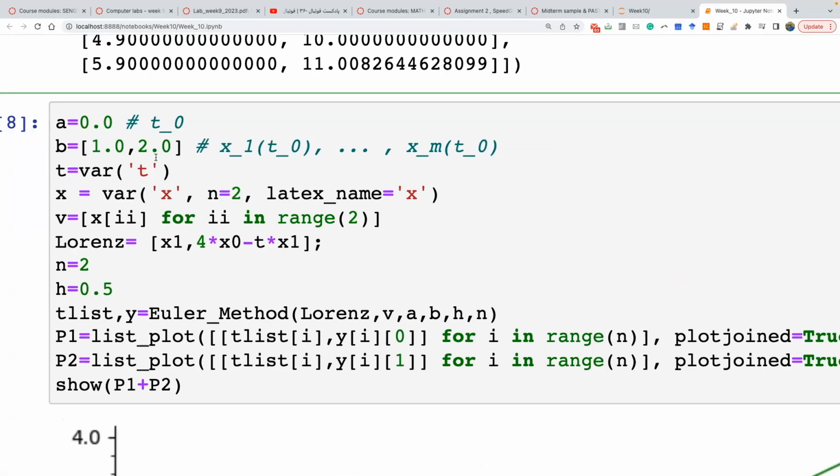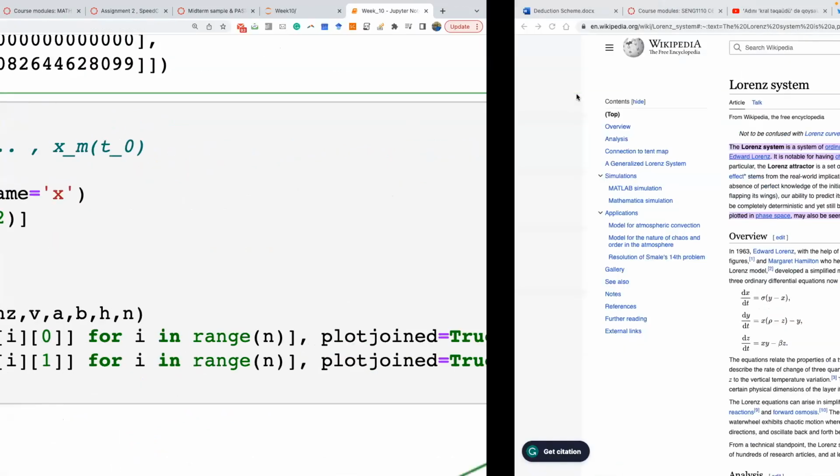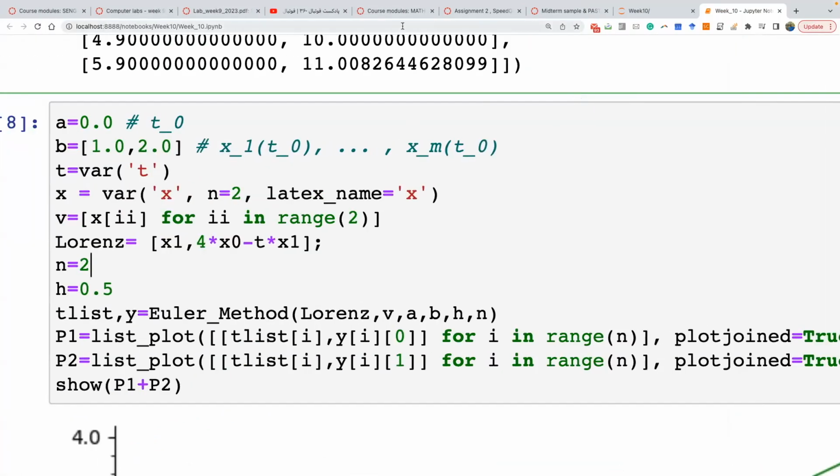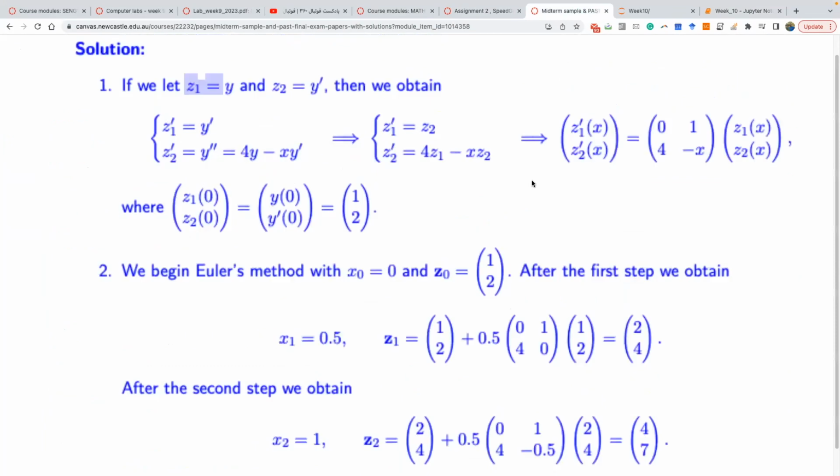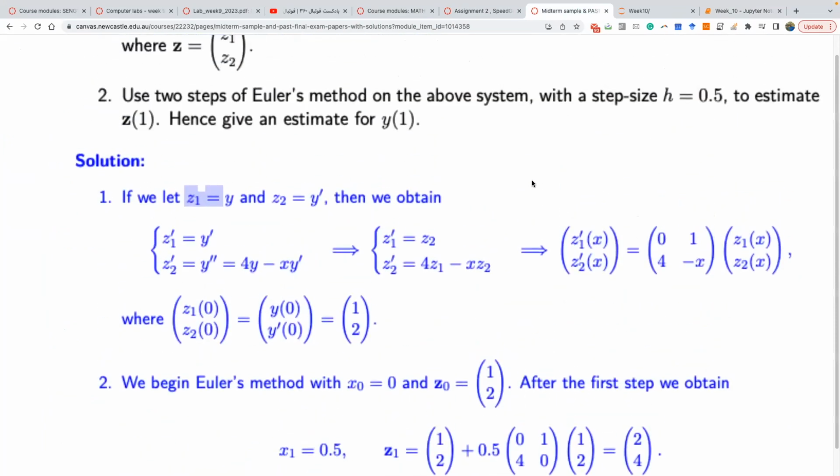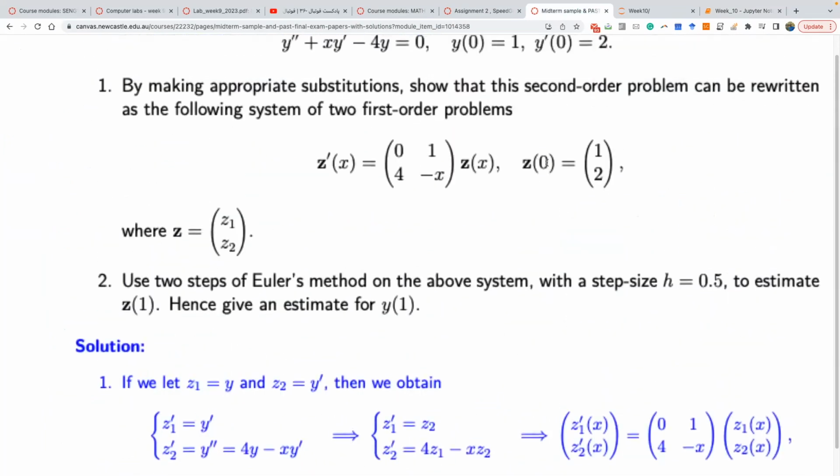B is 1, 2. So can I go here? So A is this 0 and B is 1, 2.